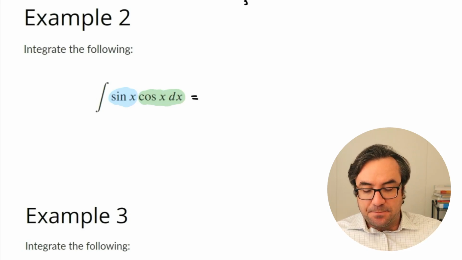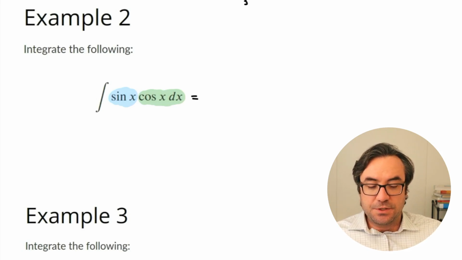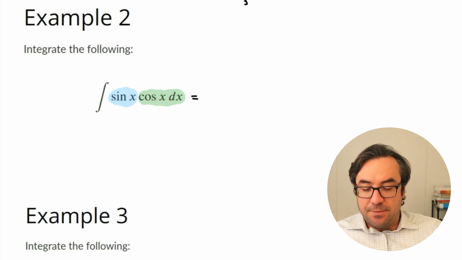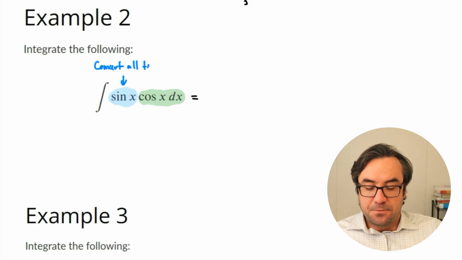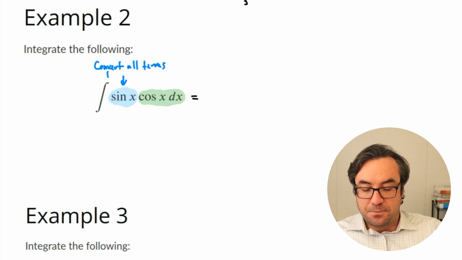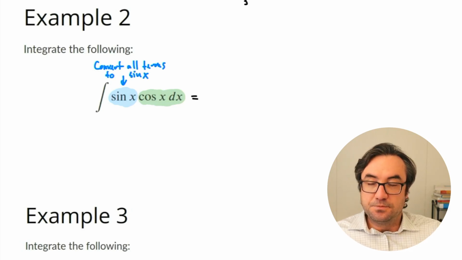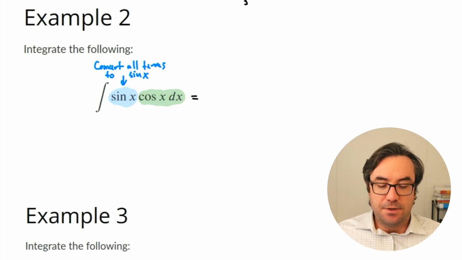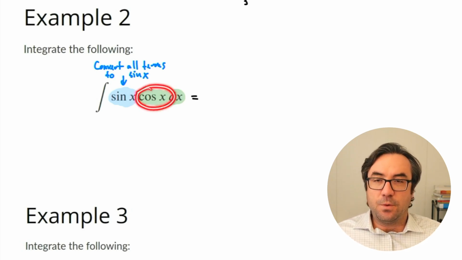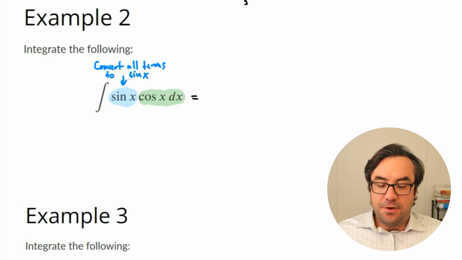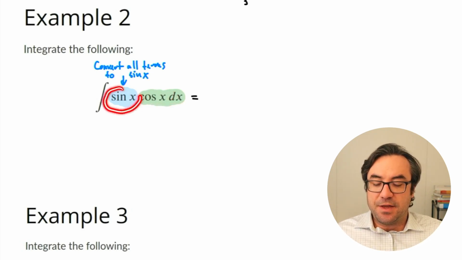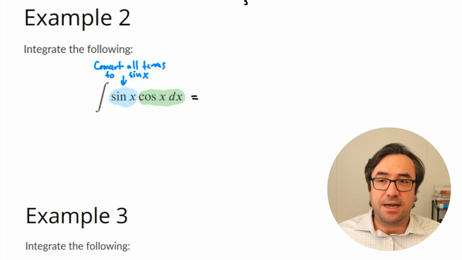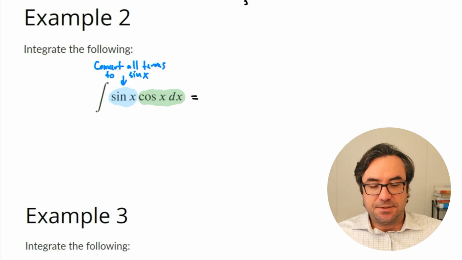For step 2, we want to make sure all of these are in terms of sine x, which they already are. So we break off the one copy of cosine that we have, we move it next to our differential, and everything else in our integral has to be in terms of just sine x, which it already is. So we don't even have to use our trig identity in this case.